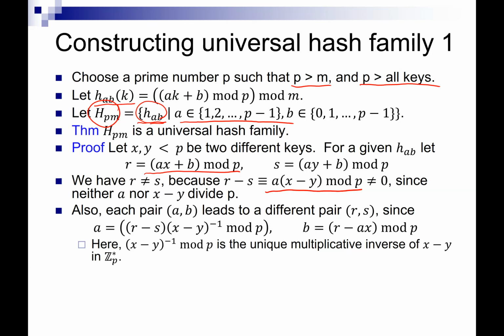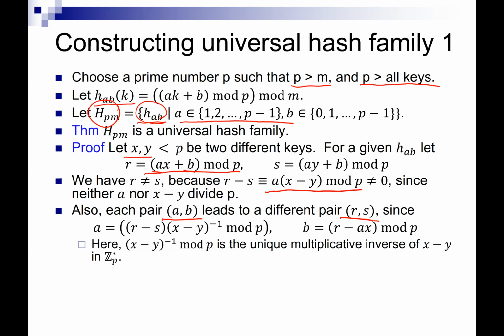The second fact is that if you use different a's and b's, while fixing x and y, for each pair ab we're going to produce a different pair rs. The reason this is true is because given a pair rs, we can actually figure out which a and b produced this rs.